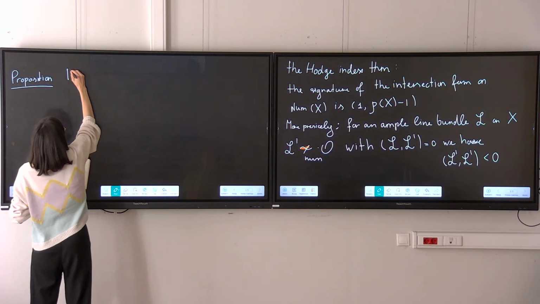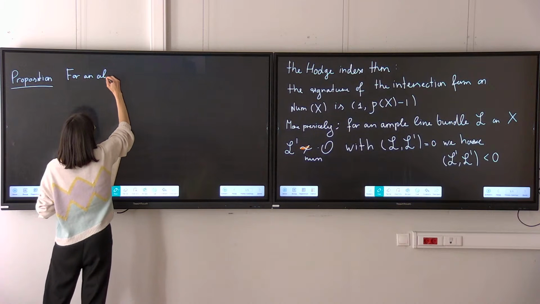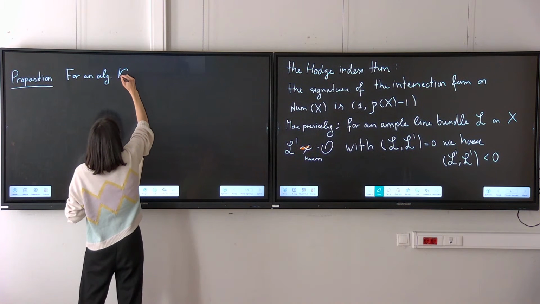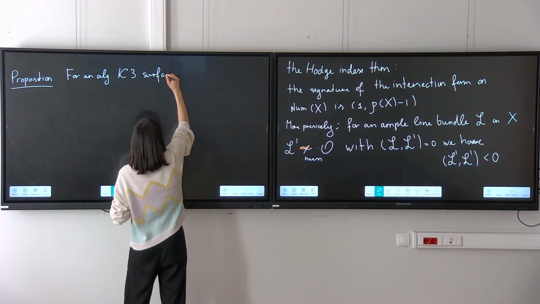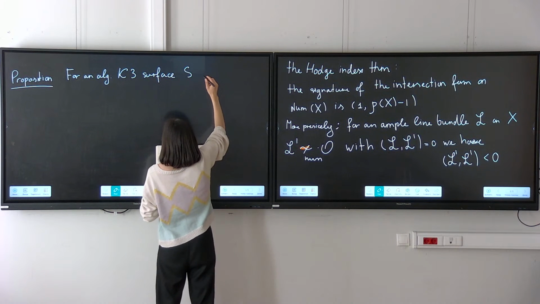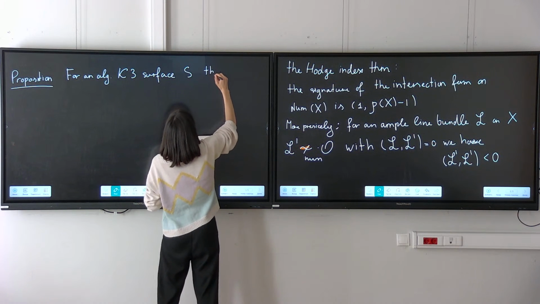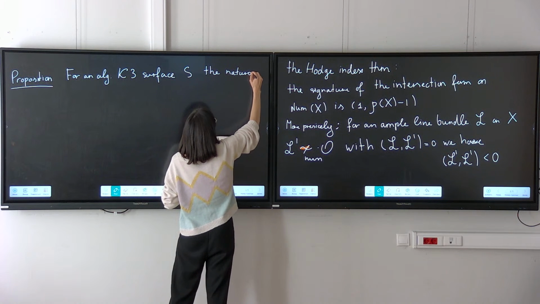For an algebraic K3 surface S, the natural surjections are isomorphisms.